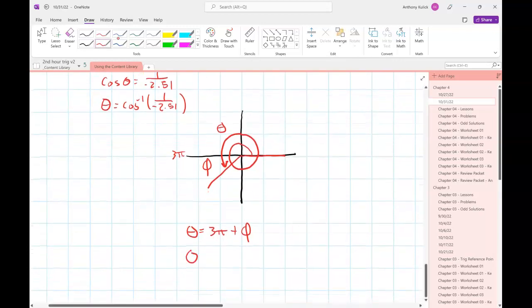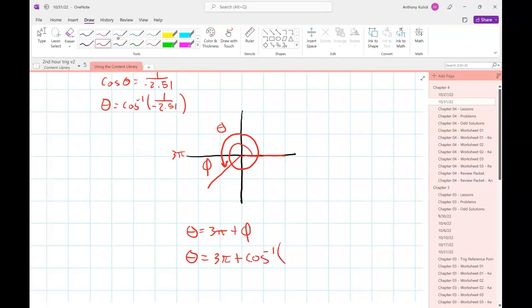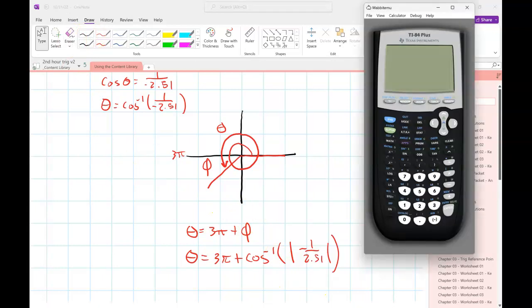We'll add phi. Now remember, to calculate phi this time, we're not doing secant inverse because that's not on my calculator. I'm going to do cosine inverse of 1 over negative 2.51.